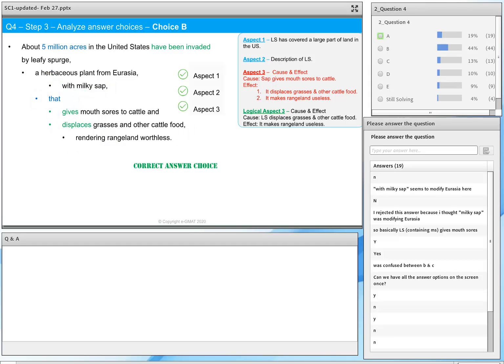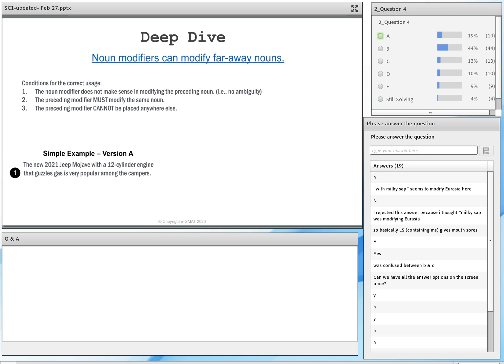Now let me get rid of all these annotations over here. What we are talking about here is why that is not modifying milky sap. Because we have a far away noun modification happening here. Now our course also has this topic covered in great detail. In fact, we wrote our very famous article by the very same name. It is available on GMAT Club, one of the most loved and popular articles on GMAT SC.